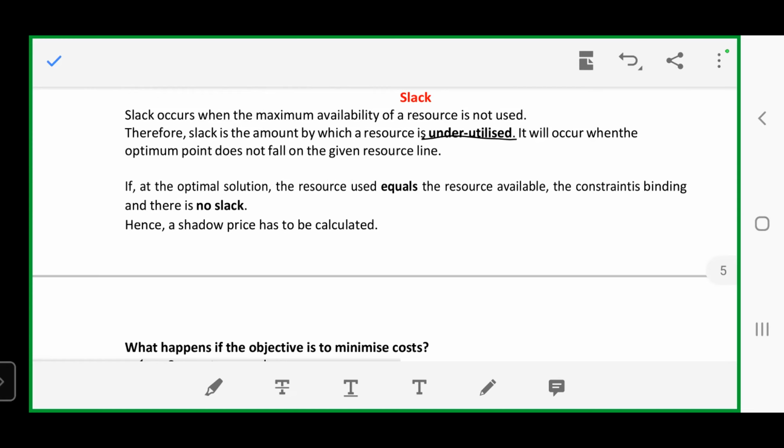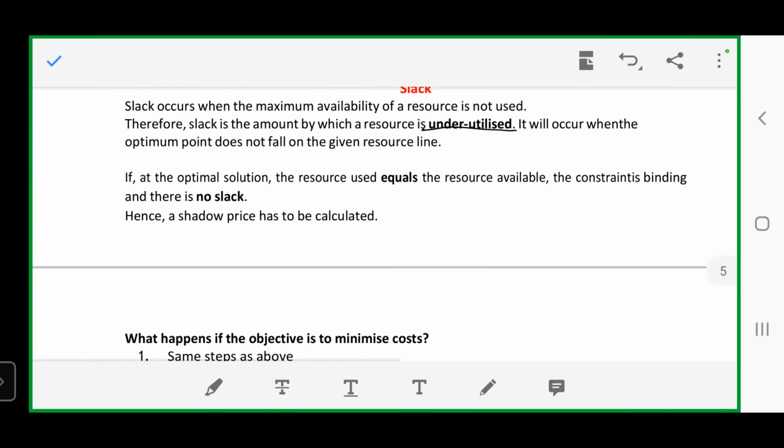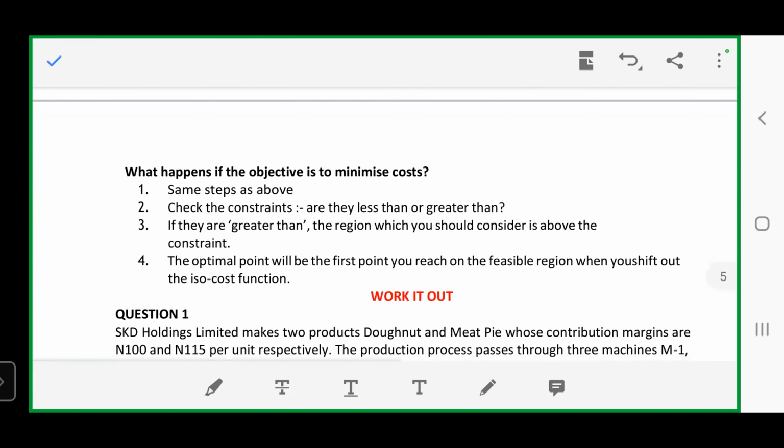When something is tight, is there a space? The answer is no. That's why we said there's no slack. And there, the shadow price will also have to be calculated. Note that when we calculate our shadow price, it always affects the first equation, by us adding an additional 1 unit to the total available resources and not all the equations. Let us note that.